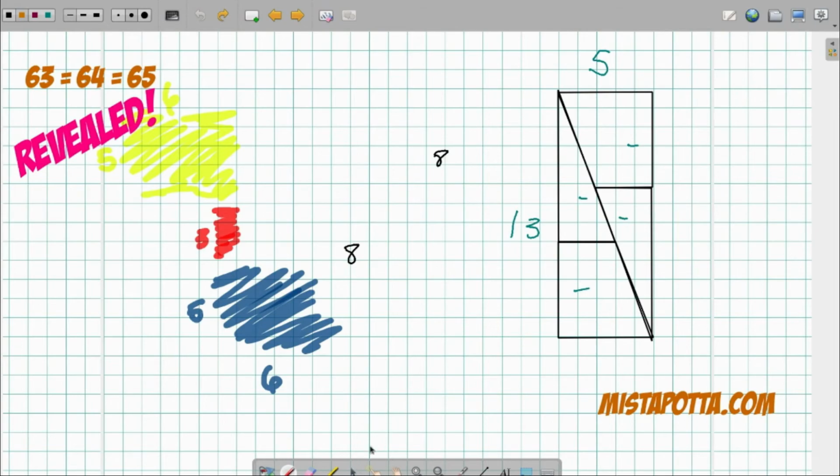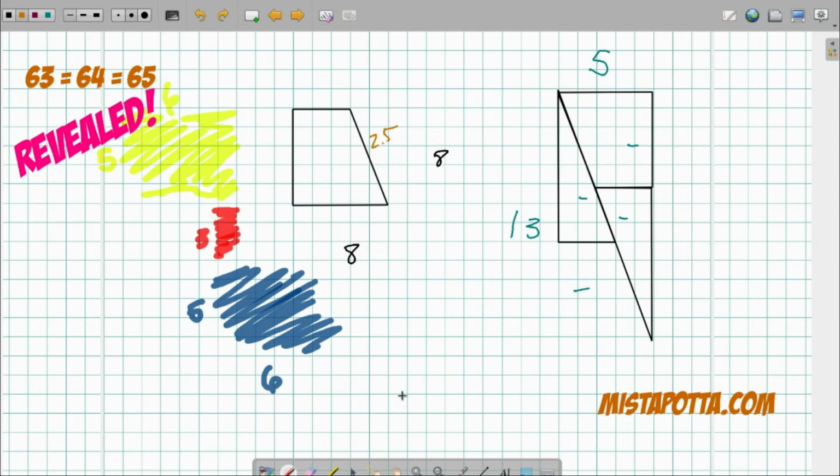So let me take a look at these shapes separately. So here's my first shape. And one of the things that you will notice is that this shape, this slanted line, really does go over. Let me move this over just so it aligns with the graph paper. Notice that it goes over 2 and up 5. So this line actually has a slope of, well, 5 divided by 2 is about 2.5.